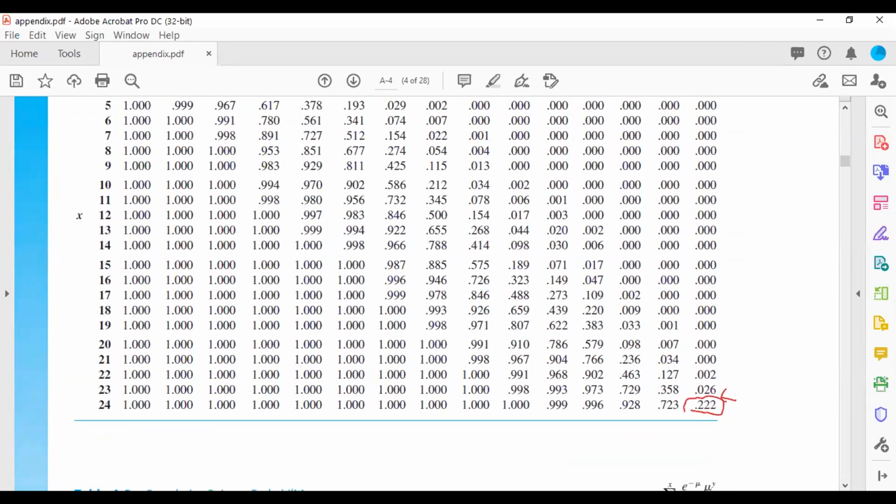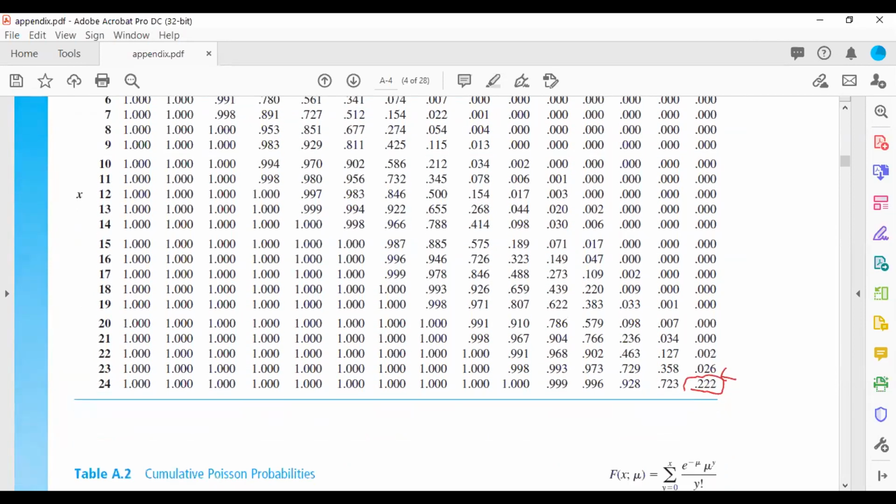Currently, there was a question for 25, right? We have to find it for 25, so F of 25 minus F of 24. So we will get the number of defective items, right? So how could it be a 0 value? I'm telling you that you cannot use this table if you need to find 25. Why?